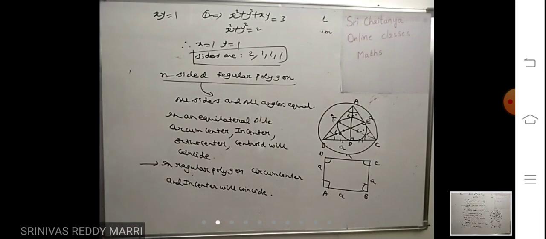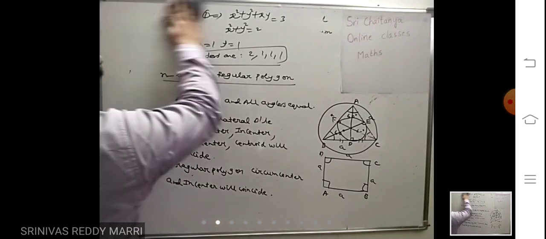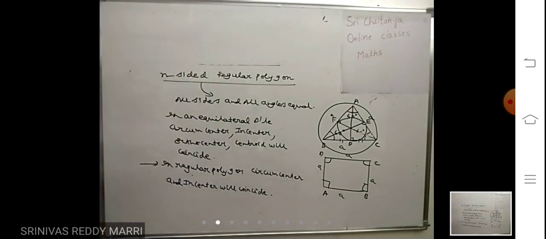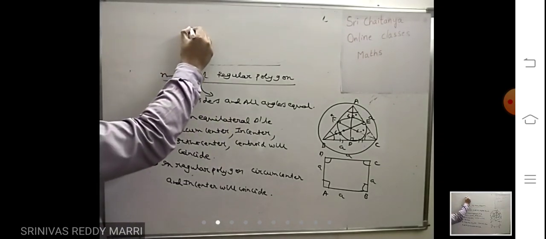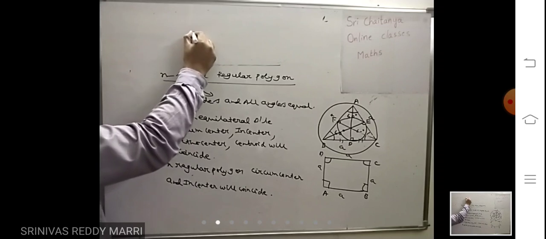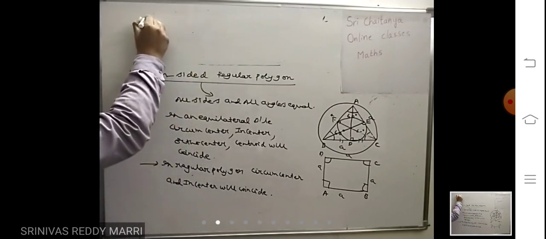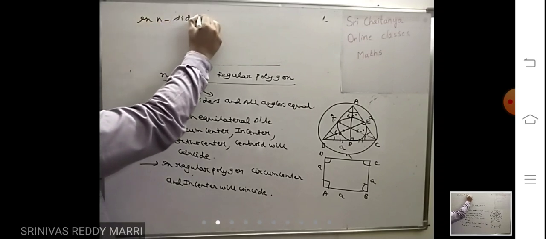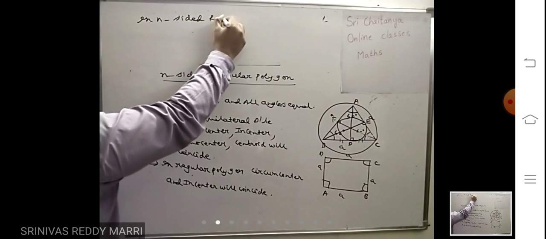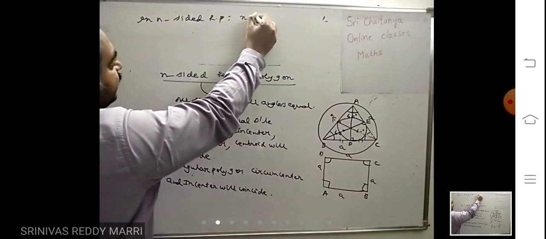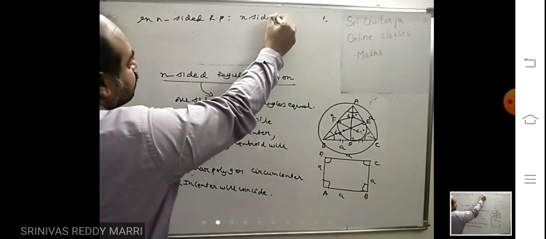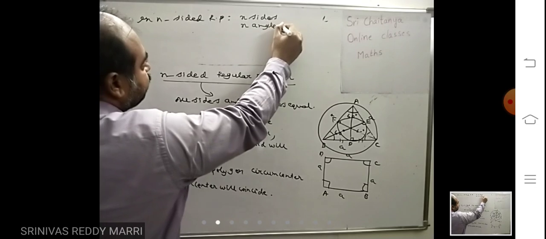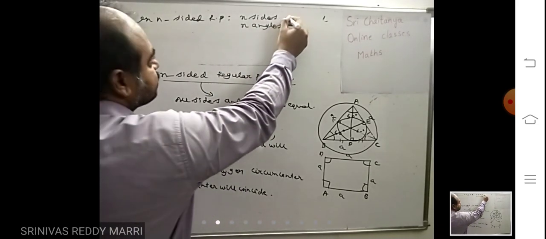Now look at an n-sided polygon, how it will be. I will draw the diagram like this. In an n-sided regular polygon, there will be n sides and n angles.